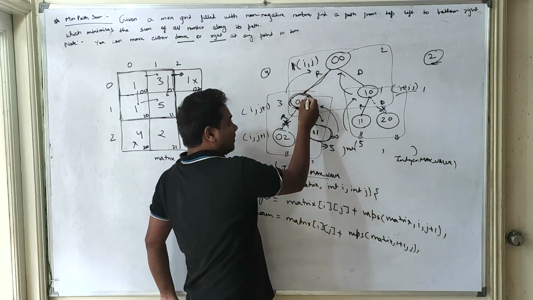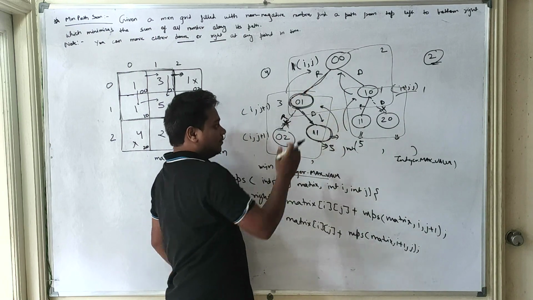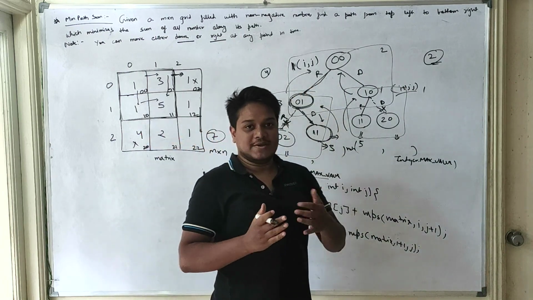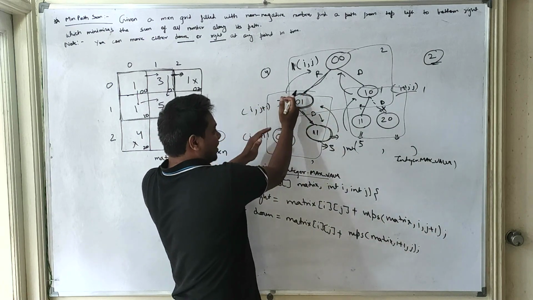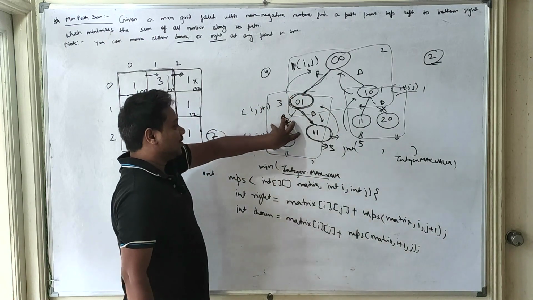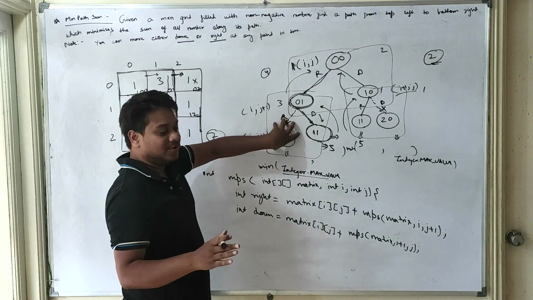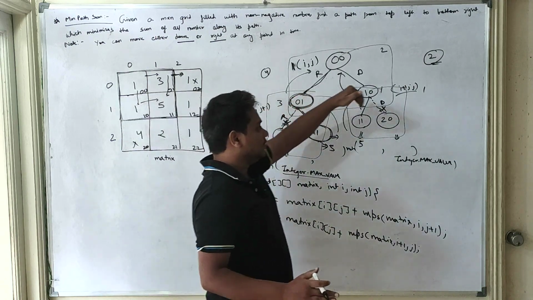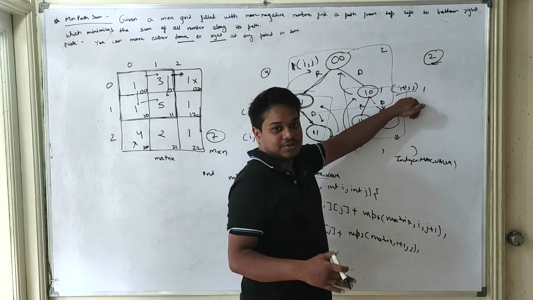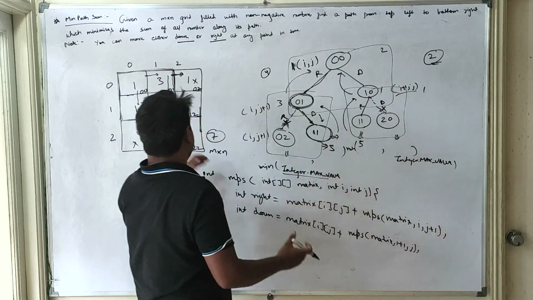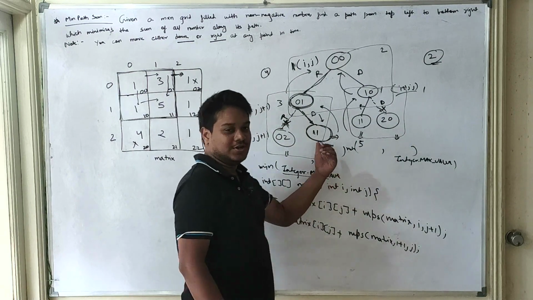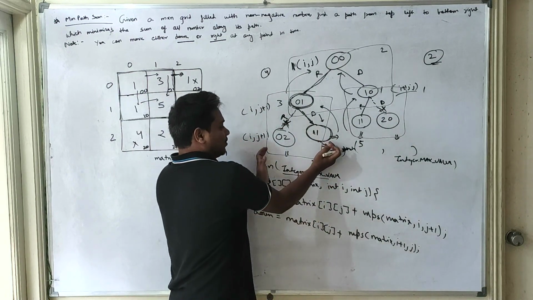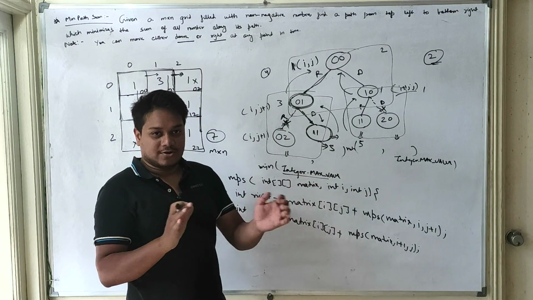Now if we apply this rule for the subproblem, will it also be valid? Yeah, it would be valid. We want the minimum either going towards the right or down. For us, this right will not be valid because it is a boundary condition. Down would not be valid since it is a boundary condition, but if we would have considered all the elements, then it would have gone towards the right, and then we would have chosen the minimum out of right or down.